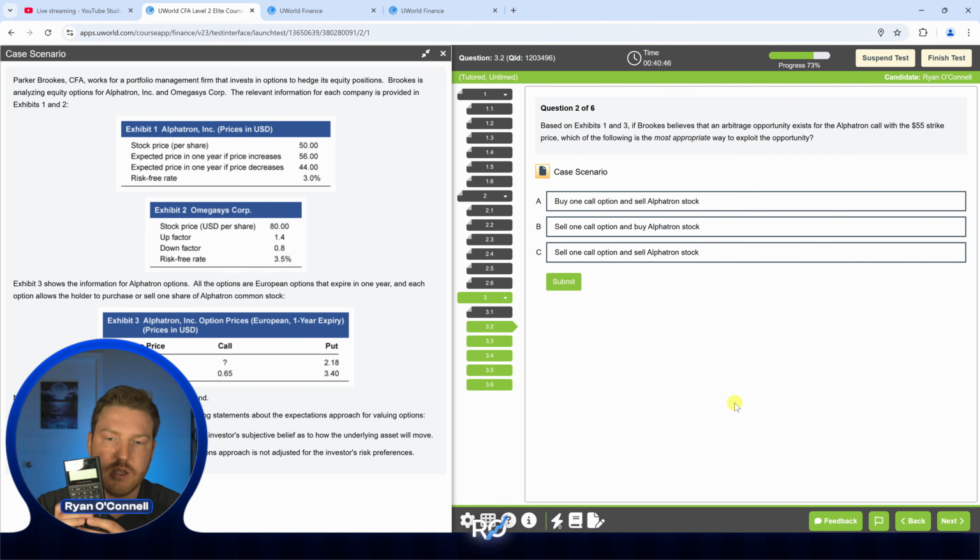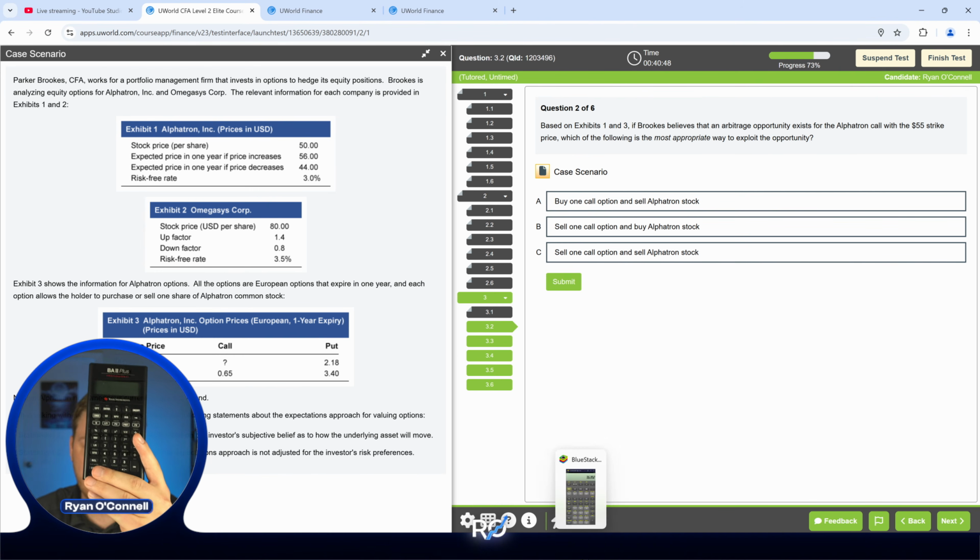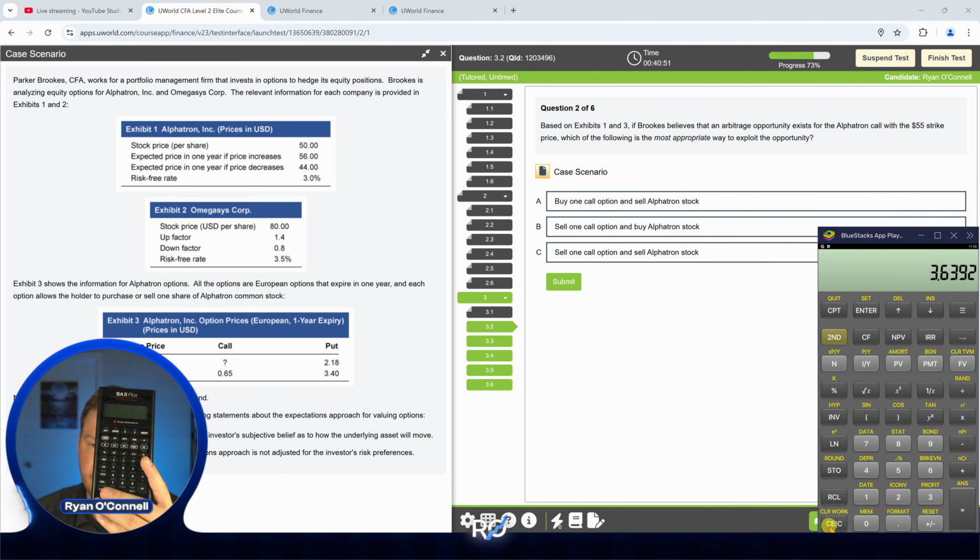I'm using this because it is a direct replication of what is used in the exam. They force you to use these hand calculators because it forces you to understand everything better.